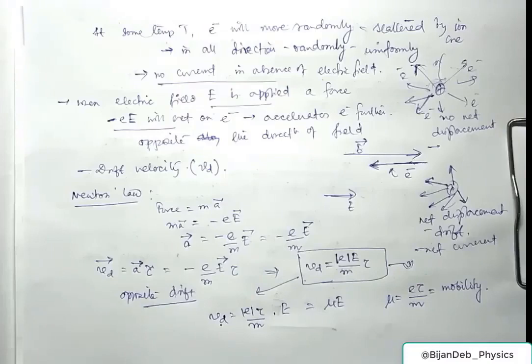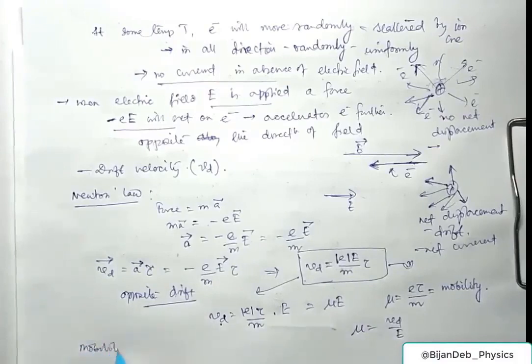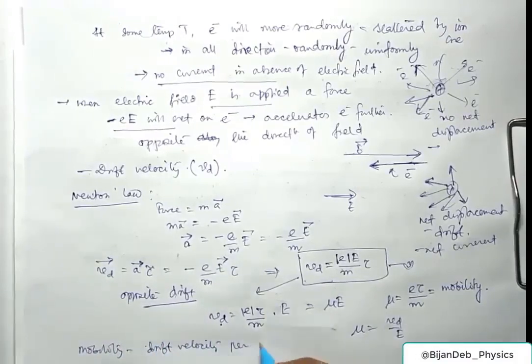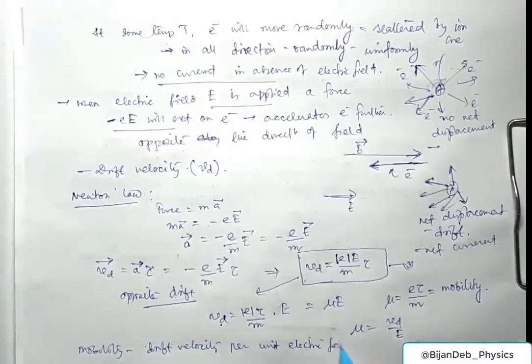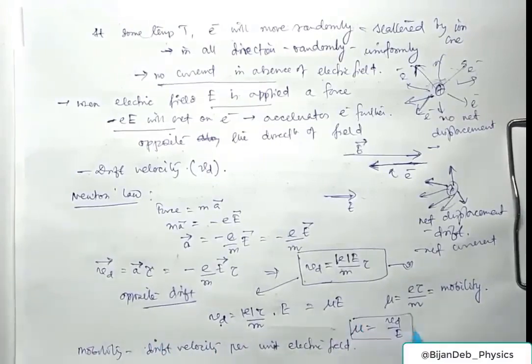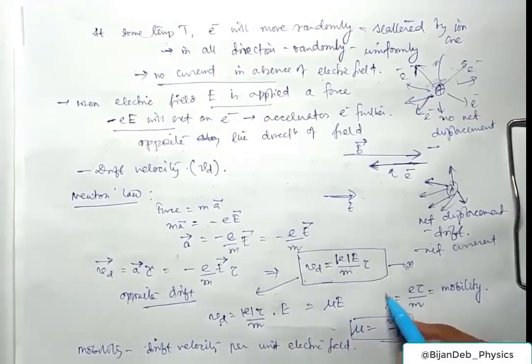Okay. And mobility, what is mobility? So e tau by m is mu, so this is Vd by E. So how can we define mobility? This we also studied. Mobility is drift velocity per unit electric field. Okay, so you also remember this.